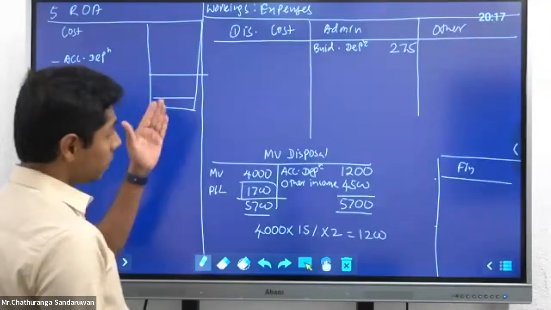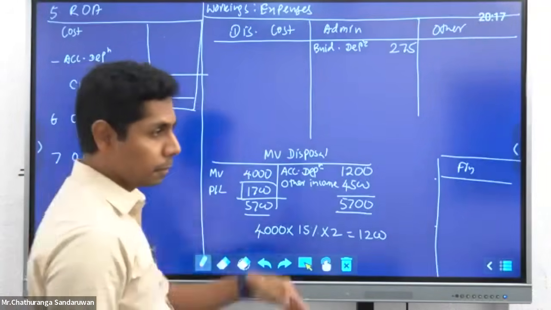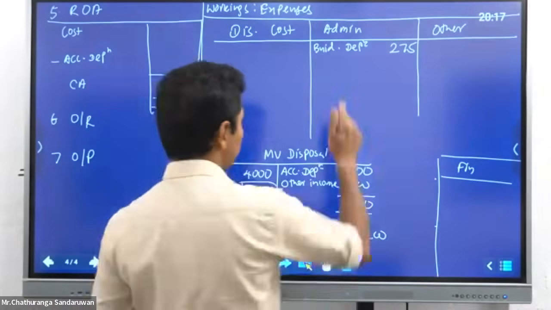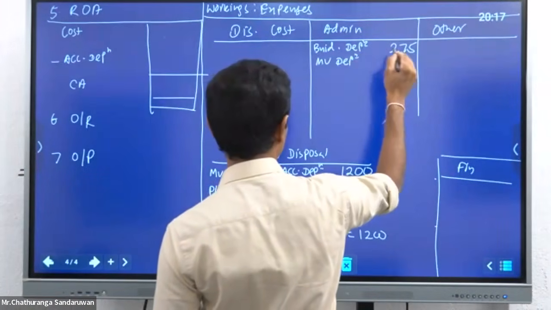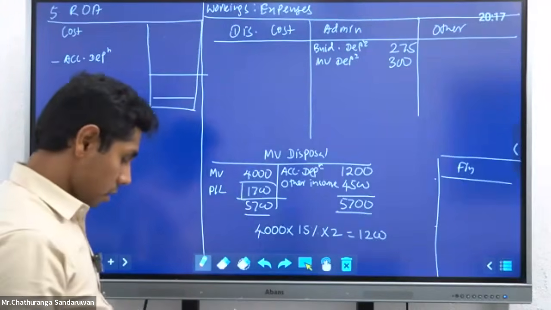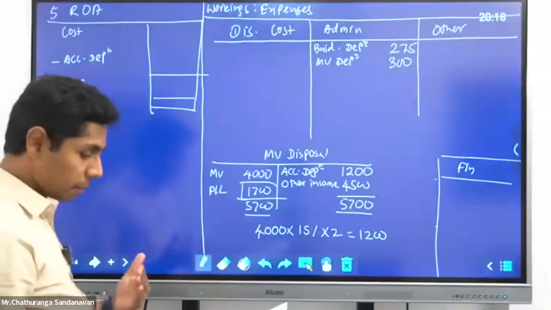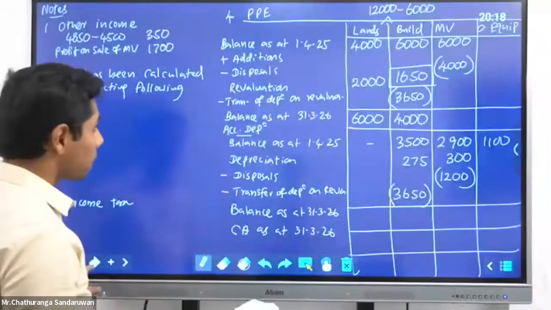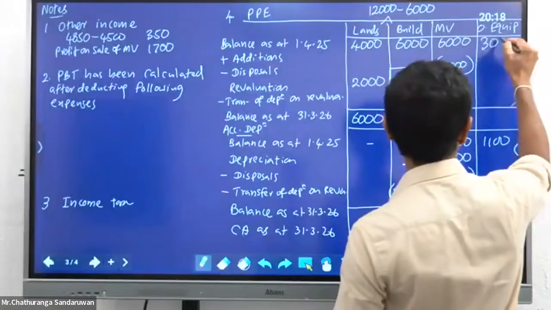And then that has to be recorded in the administrative expenses, because they say all the PPE items are being used for the administrative purpose. Therefore, motor vehicle depreciation 300 should come here. And then if you look at the office equipment, there are no other adjustments for that. So we can depreciate it. Office equipment balance is 3,000.